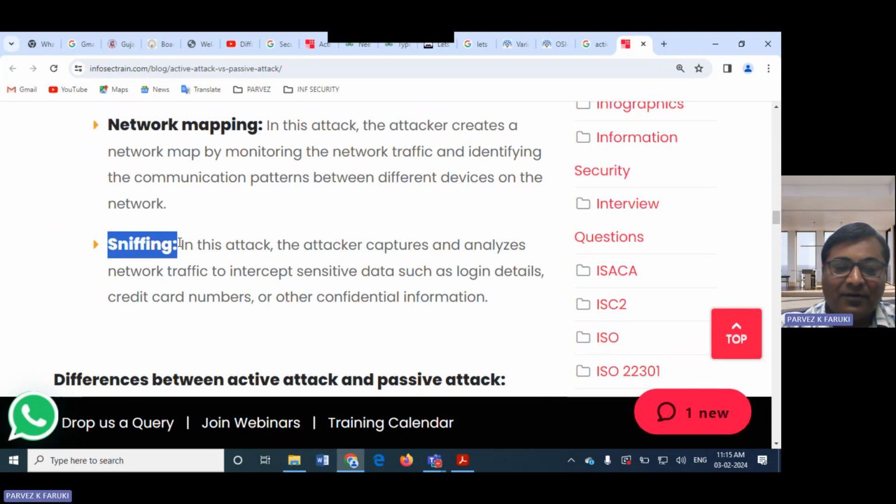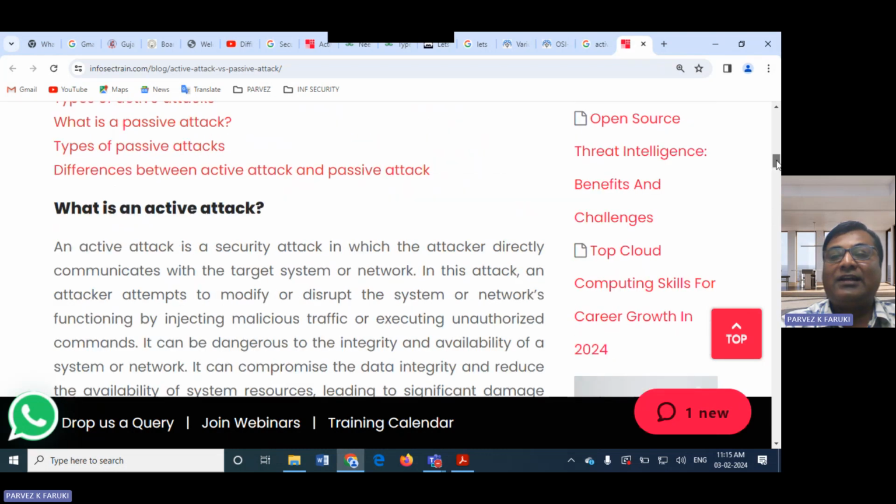You attach one device to the main cables of the target network, and you just see what's moving around. This is very important because an adversary would only be able to attack his target when he has enough information about the target. So passive attacks actually supplement the active attacks.